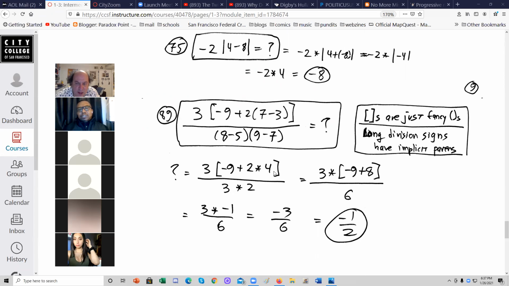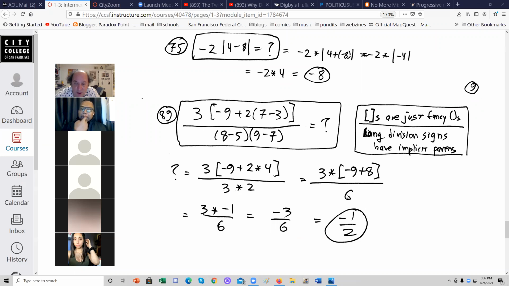Now, in this, the times takes precedence over the plus. So 2 times 4 is 8. So 3 times bracket 9 minus 8 end bracket. When you have a long division sign like this, there's an implicit parenthesis in the numerator and the denominator. So might as well do this one separately.